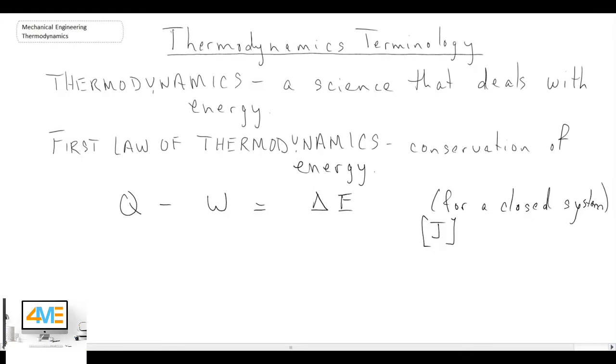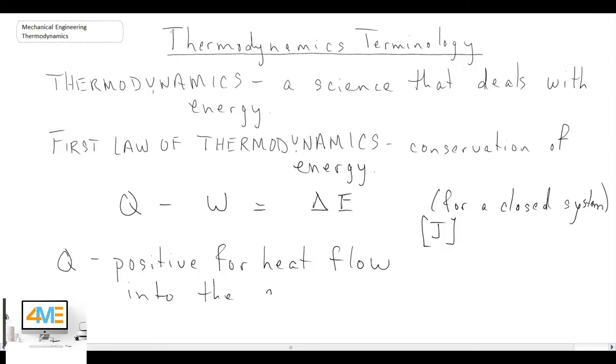Now, looking at the different terms, we have Q, and that represents heat transfer. And what we will be doing is adopting a convention where Q, or heat transfer, is positive for heat flow into the system. And so the units of heat in this case are joules.